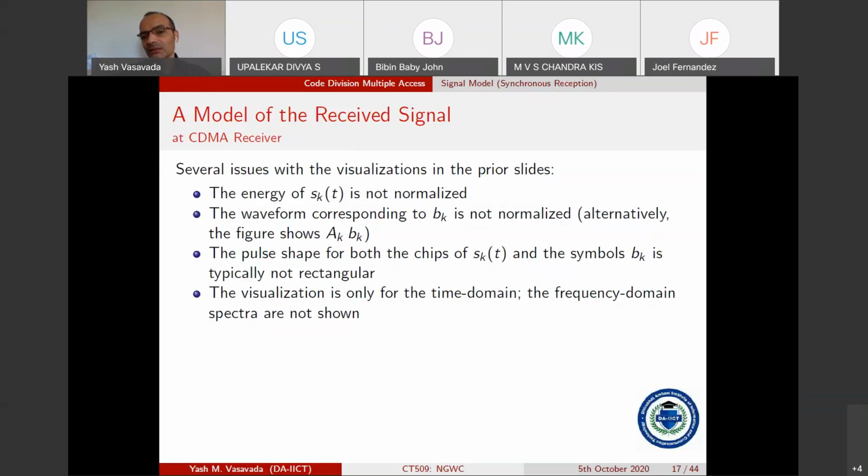In the time domain, our original symbols were changing only at the rate of 1 every 192 seconds. Instead of that, because of the presence of this signature sequence, we are now making changes at a much faster rate, every 32 seconds. And so therefore, the signal gets spread out in frequency by a factor of 6.